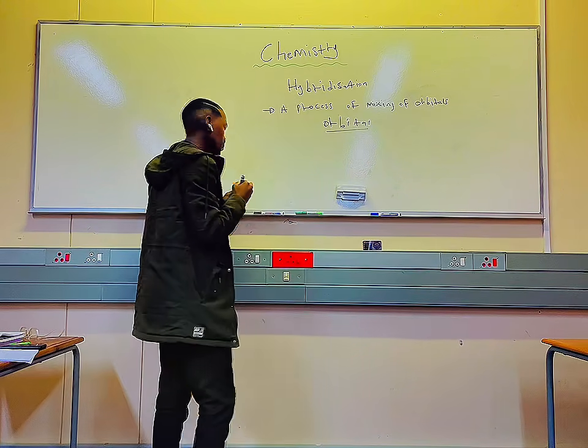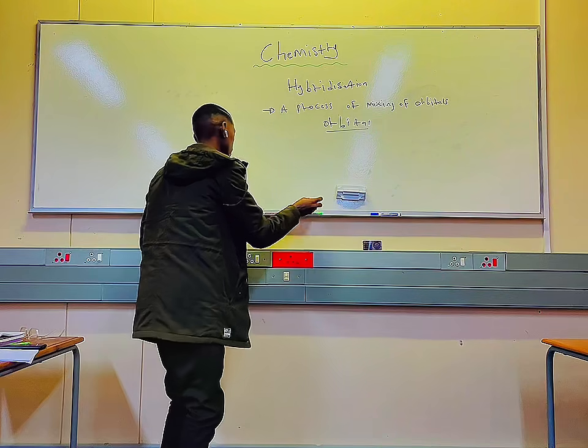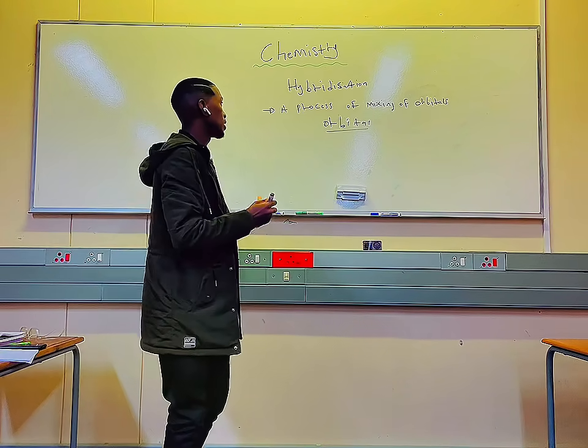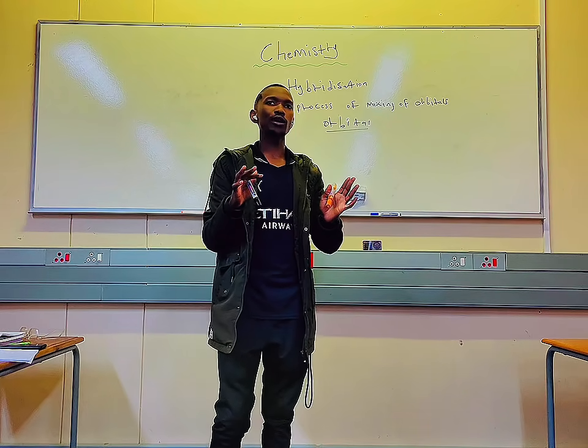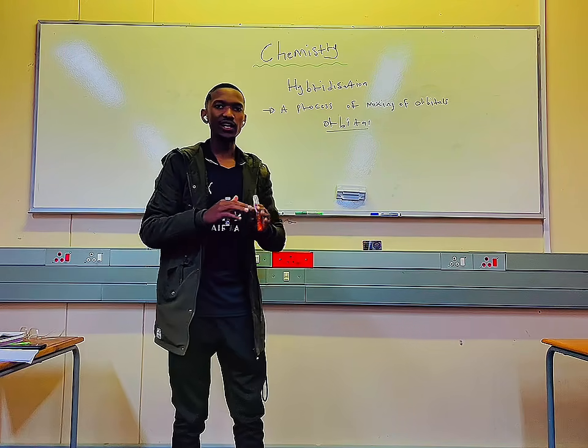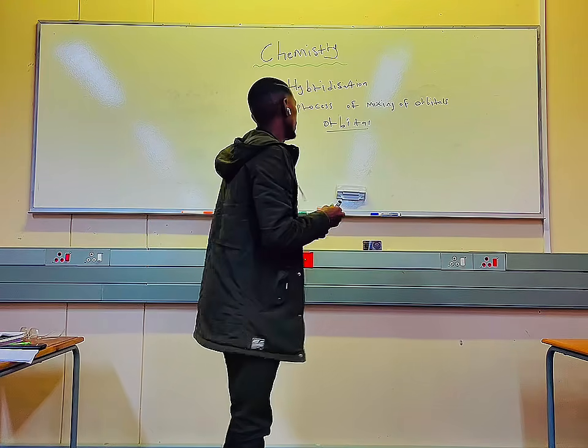What is an orbital? I usually like to say that an orbital is basically a region or a place in which an electron may be found in an atom. That's what I say.